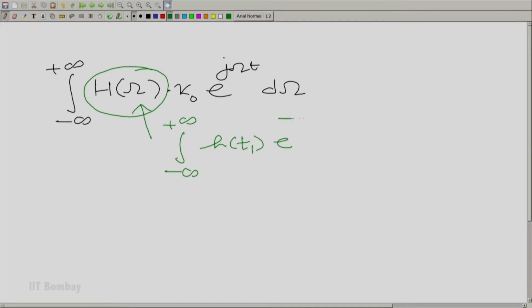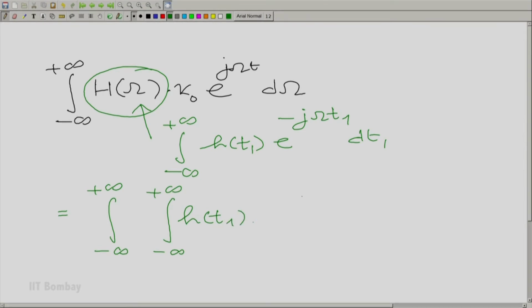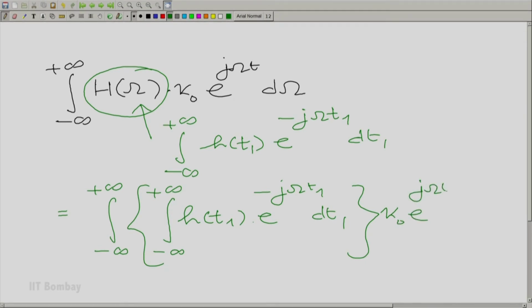Now, instead of writing t, we will write t1, because we have to distinguish from the other variable t here. So, now when I make that substitution, I have a double integral h(t1) e raised to the power minus j omega t1 dt1, and then kappa 0 e raised to the power j omega t d omega.